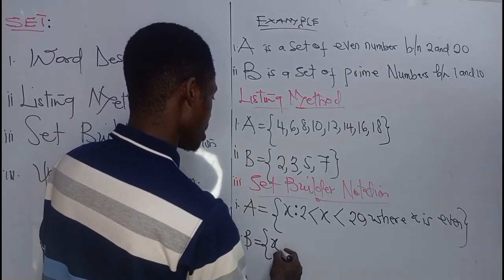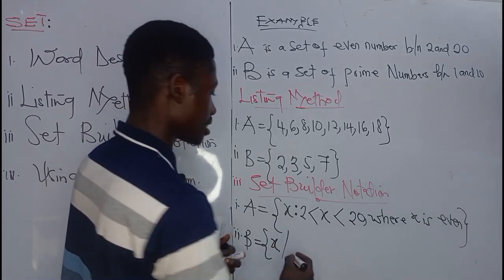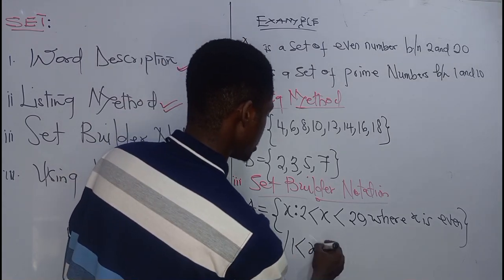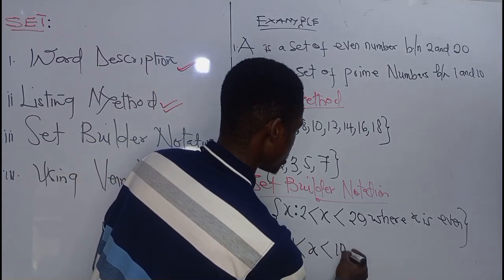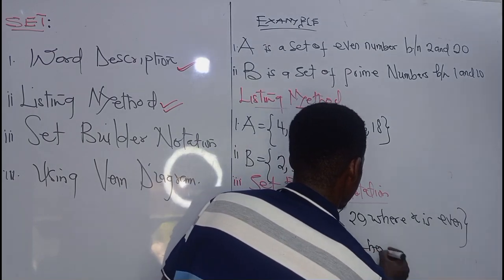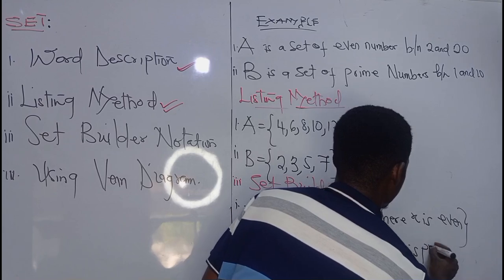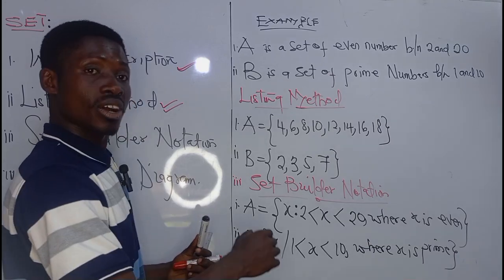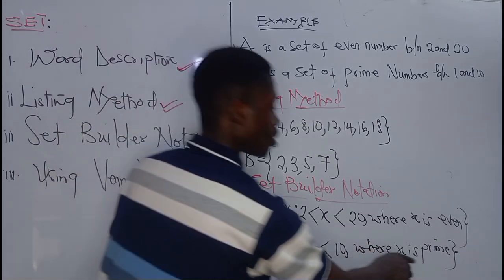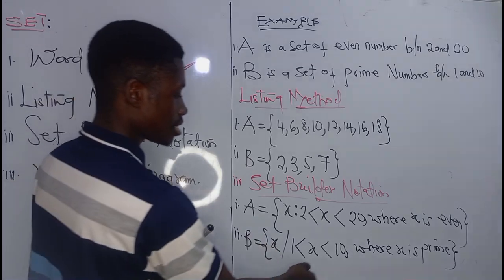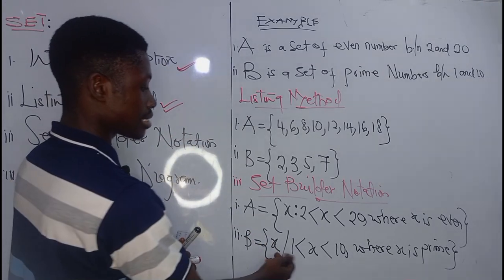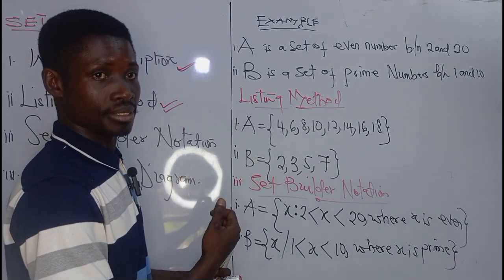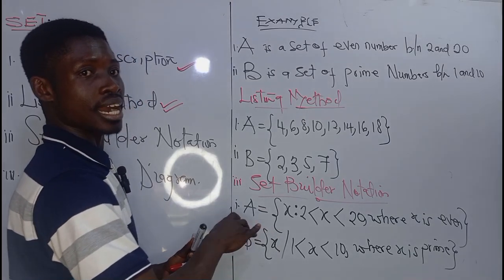We are going to have x such that x is greater than 1 and this same x is less than 10, where x is prime. This tells you that all those elements that we are going to list should be prime numbers, but they must be between 1 and 10. So this is the set builder notation.